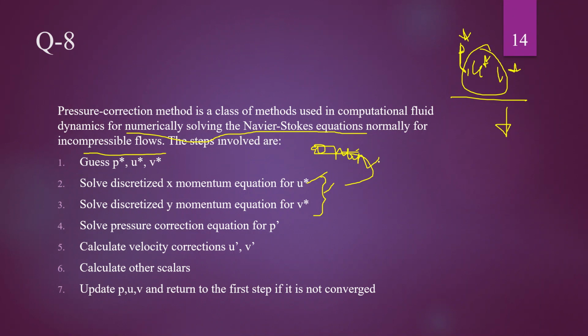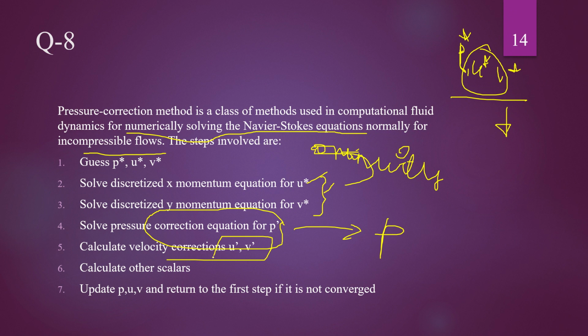Therefore again we need correction factors, so we solve the pressure correction for P dash values, and these P dash values would be used to get the original P values, and similarly U dash and V dash values would be obtained.